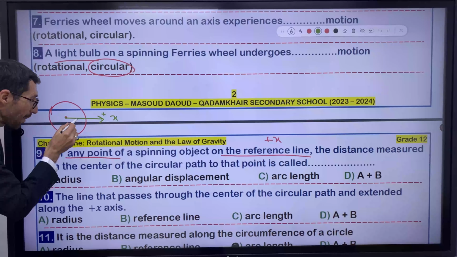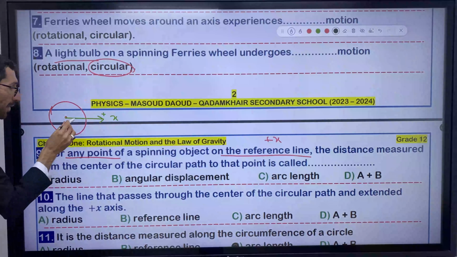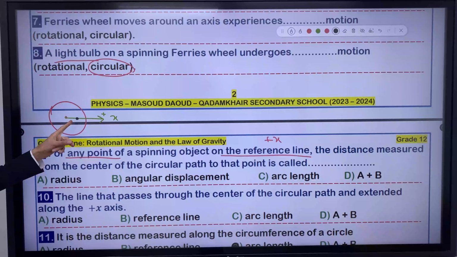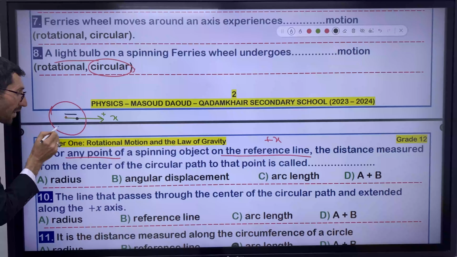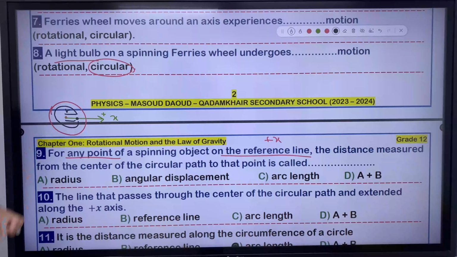A point, for example, is located on the reference line, like this. There's a light bulb. This is a point. So the distance from here till here for this point is called radius, R. So radius is the answer.